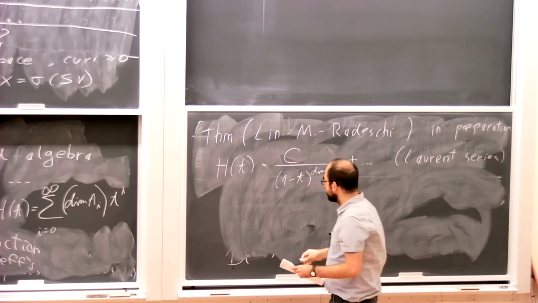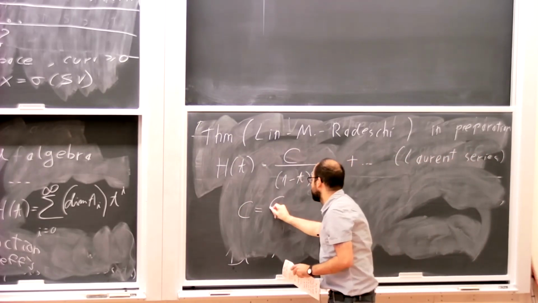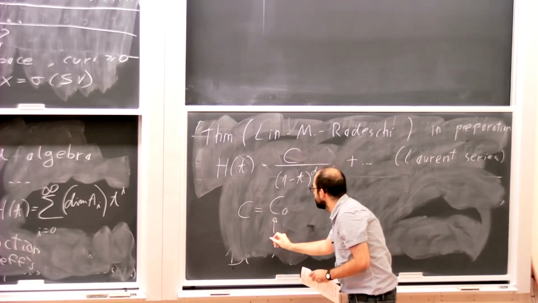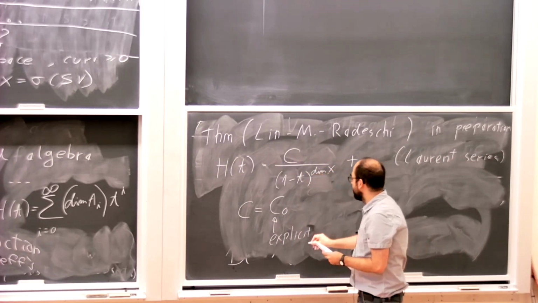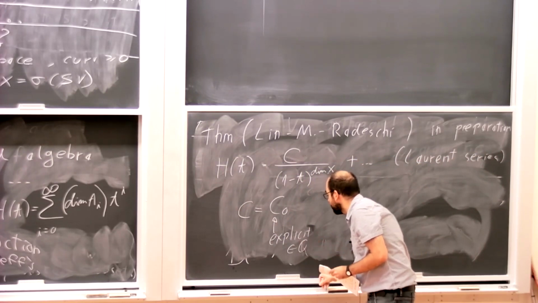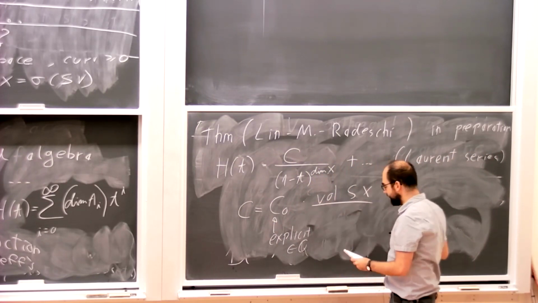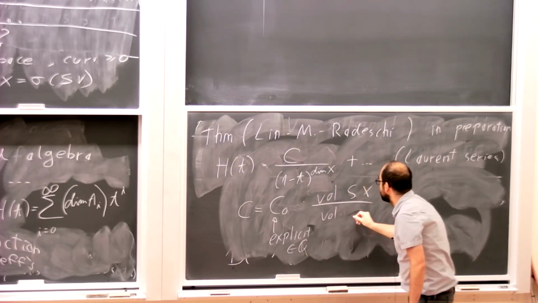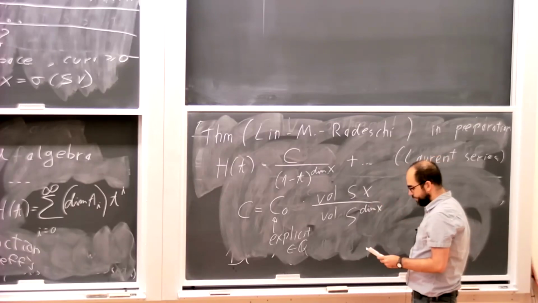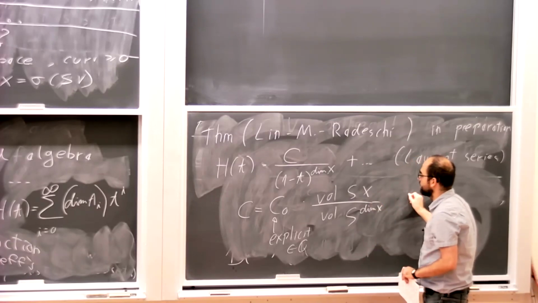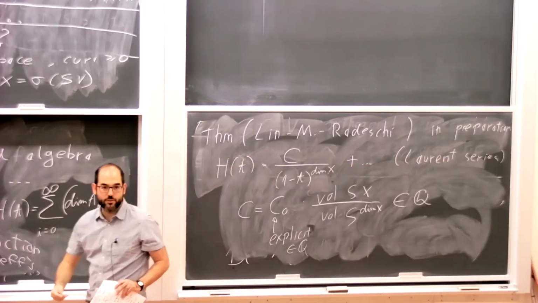So the theorem is that the constant C, this first coefficient here, is a certain universal explicit rational number times the volume of SX divided by the volume of the sphere of the same dimension. In particular, this is a rational number here, because this is a rational function with integer coefficients.